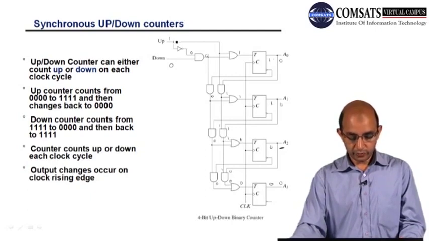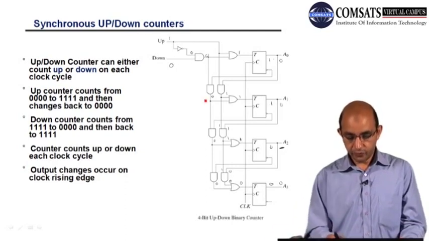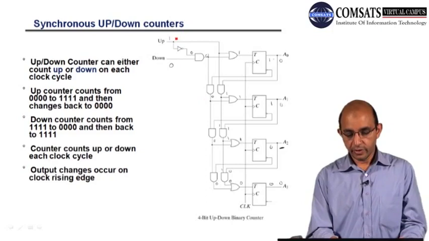So let's move to the next one. Now we can have another scenario. Count down is 1 and count up is 0. So this will be 1, and this is already 1, so we will be having a 1 here.